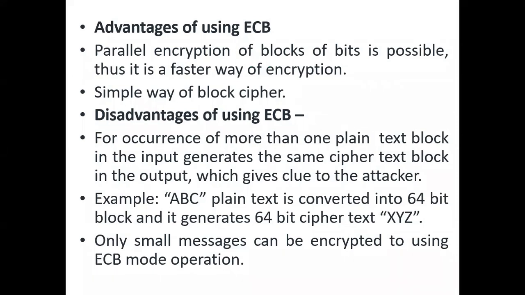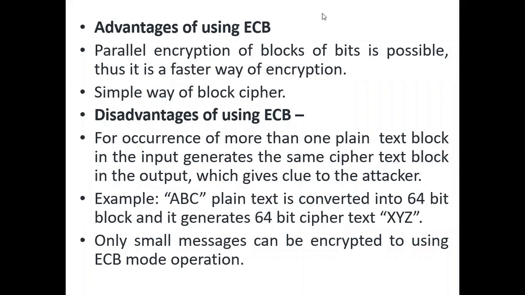And what are the disadvantages here? Let us take ABC as a 64-bit plain text. You are converting it into a 64-bit ciphertext. Say for example, for ABC plain text, XYZ is the ciphertext. Then what is the drawback here?